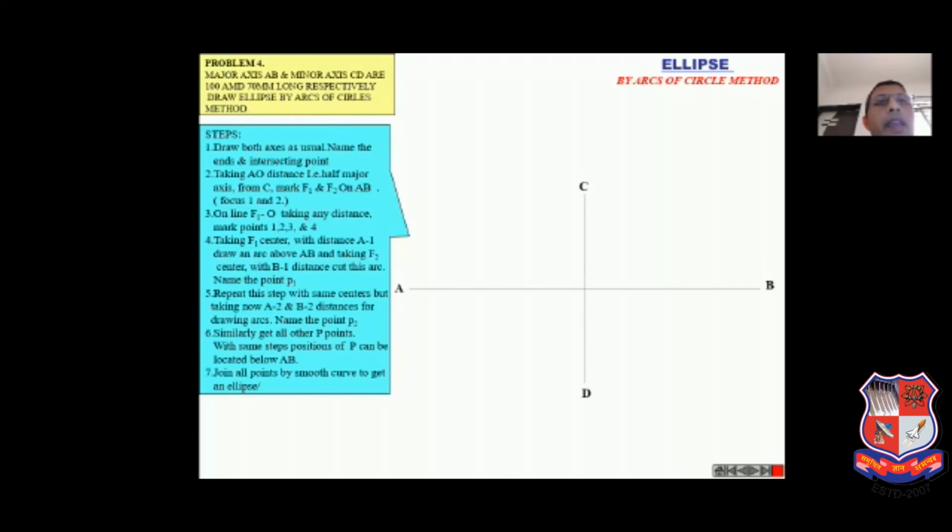Now taking the AO distance, half major axis, from C, mark F1 and F2 on AB, which are focus 1 and 2. On line F1O, taking any distance, mark points 1, 2, 3, 4.